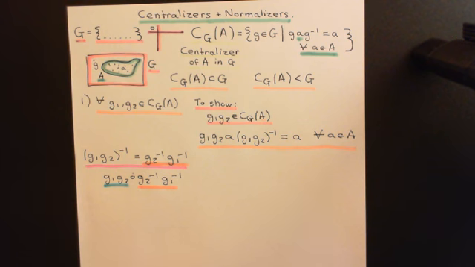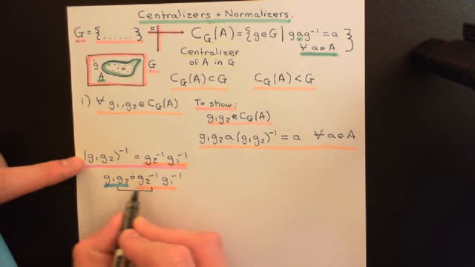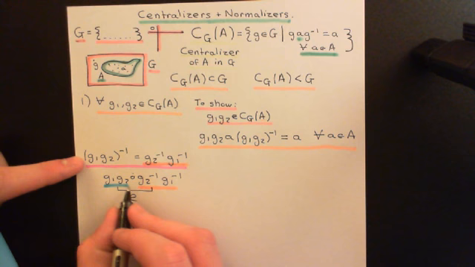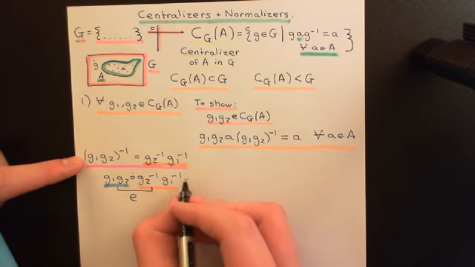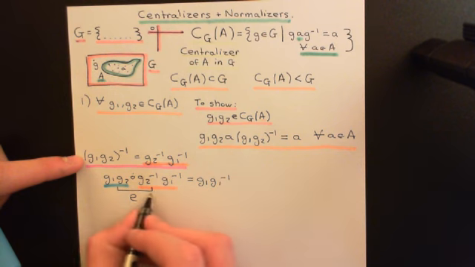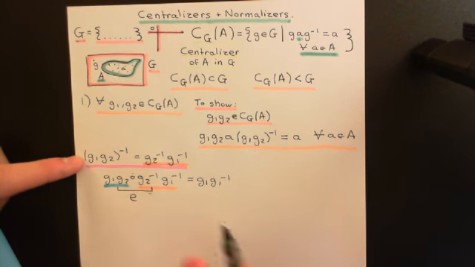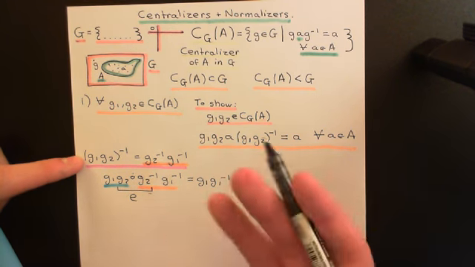And why is it going to equal the identity? Well, what I can do is just say, okay, let's compose g2 and g2 inverse together. That will give me the identity element. So this will become g1 composed with g1 inverse, because of course I can just get rid of the identity element from here, because the identity composes with anything to give that other thing back again.